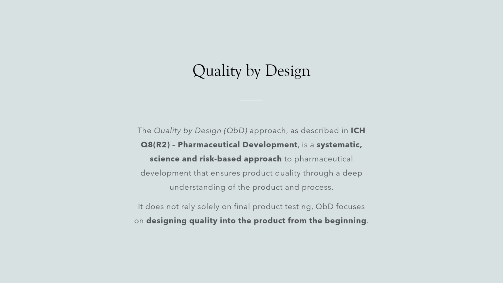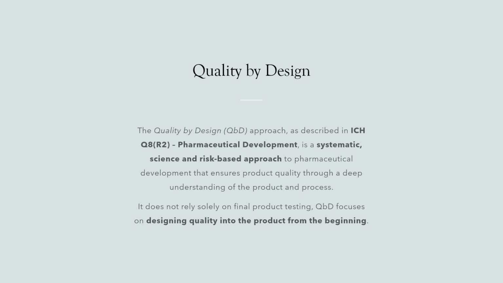Quality by design means that the quality of your medicinal drug product is built into the manufacture of your product, and you obtain that quality because you have a thorough understanding of your manufacturing process and of your drug product itself. So your objective is to have a high quality finished medicinal product.